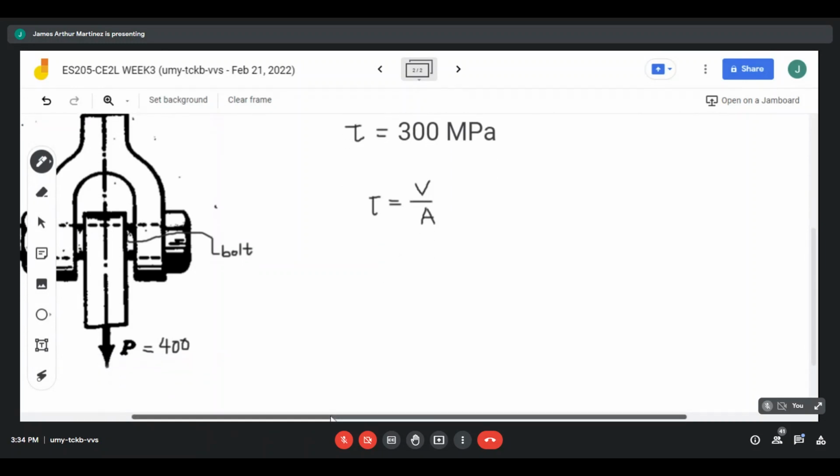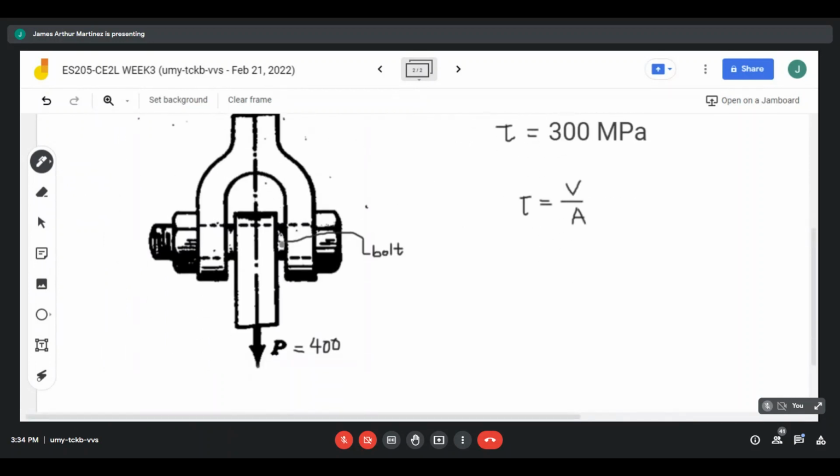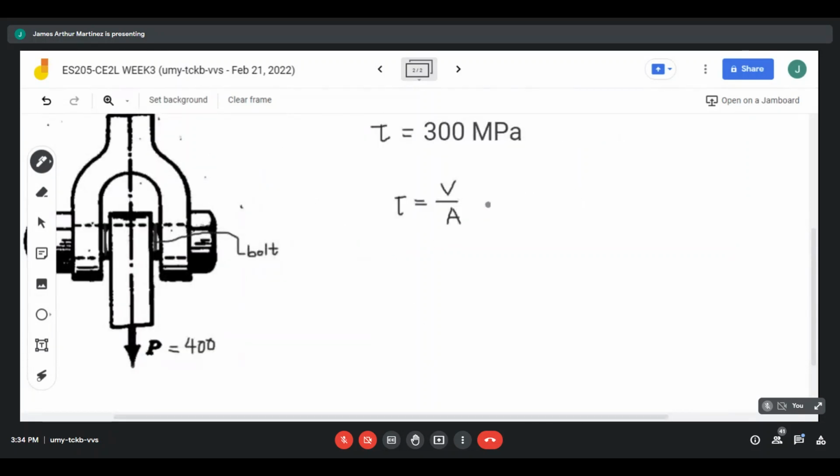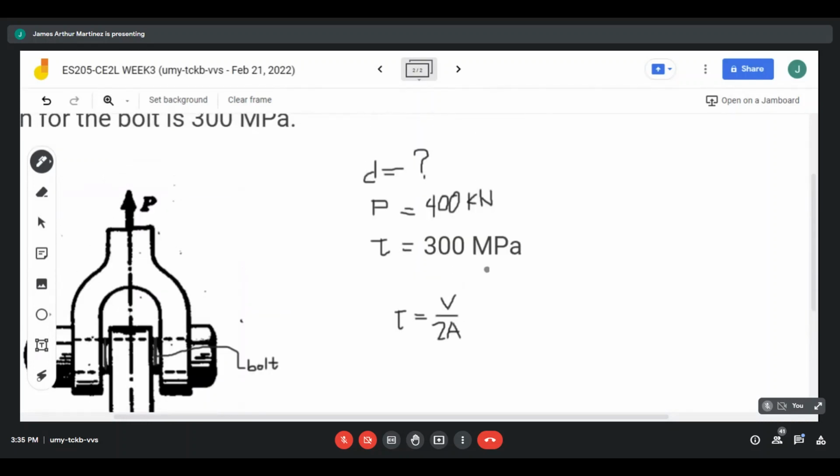And since this is a double shear, so diri mag-occur ang imuhang shearing stress or sheared area. So in this case, shear stress is equal to V over 2A. So twice the area, since duha man yang affected areas.